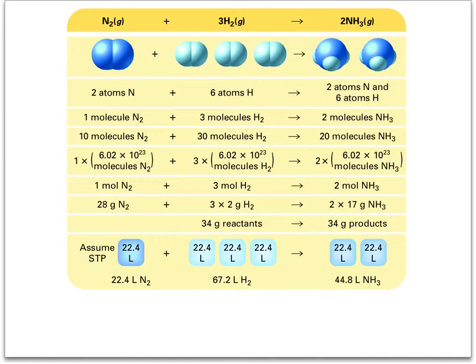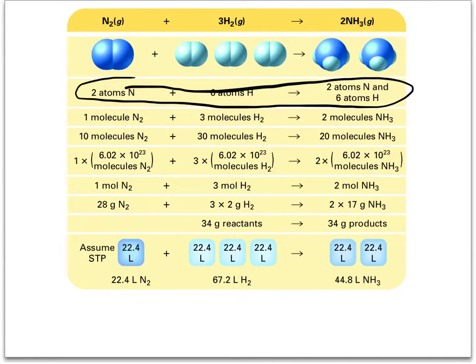And here's kind of just a summary of all those things. We talked about atoms, and you can see that the atoms stay the same on both sides. Molecules don't stay the same because some molecules are bigger than others. And if we talk about 6.02 times 10 to the 23rd molecules, we have moles. And you can see that the ratios of the moles is whatever the coefficients are.